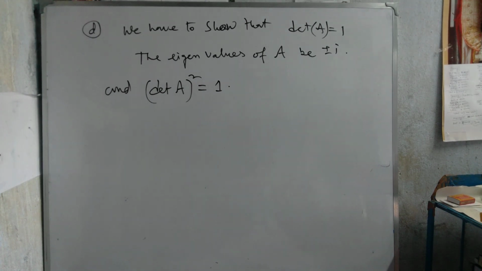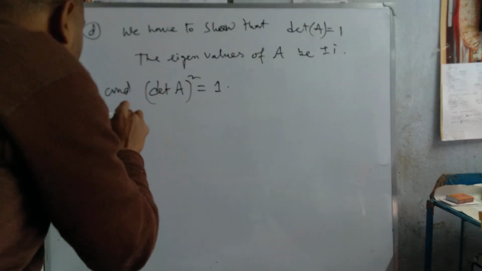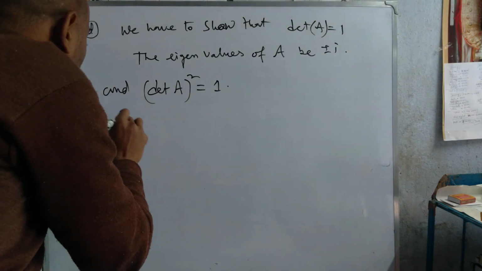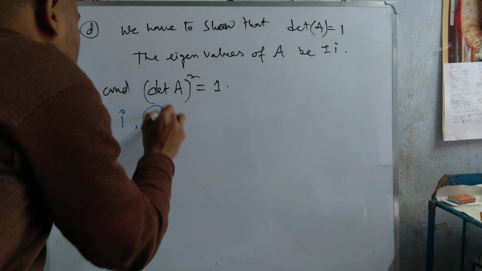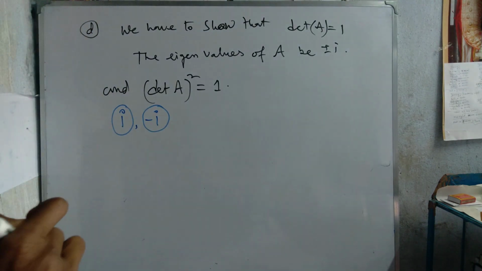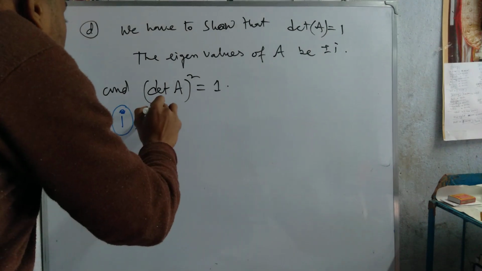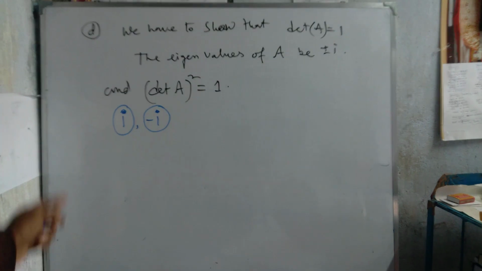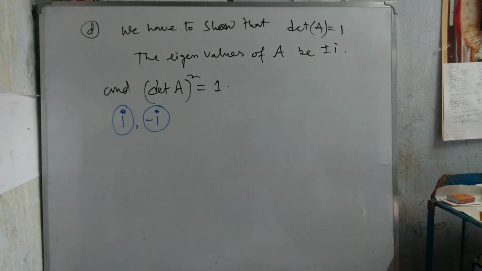So how do we do it here? We know a further theorem related to eigenvalues: if i is an eigenvalue, then minus i is also an eigenvalue, in a conjugate pair. That means if i is present, then minus i is also present. If i is present p times, then minus i is present p times.